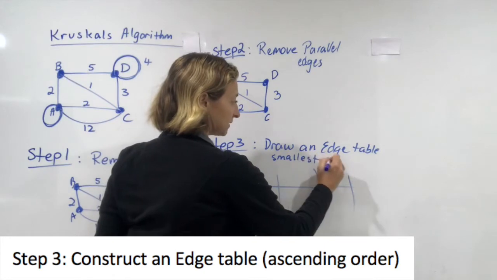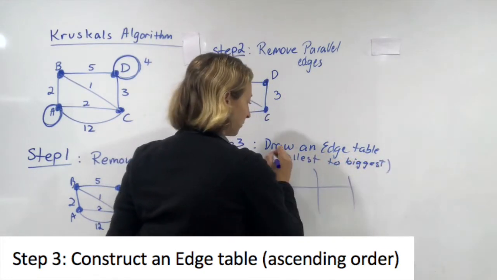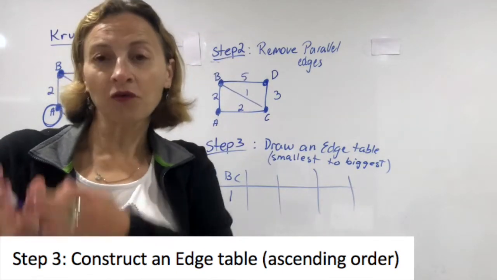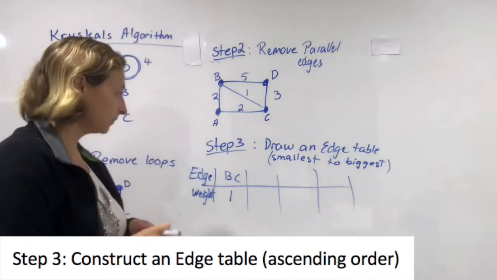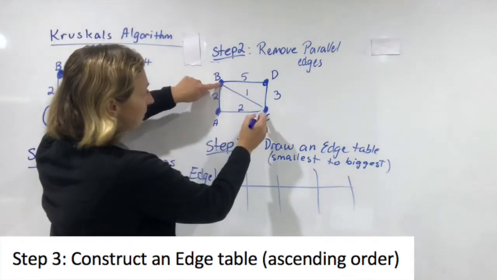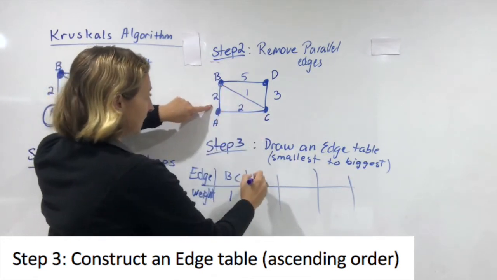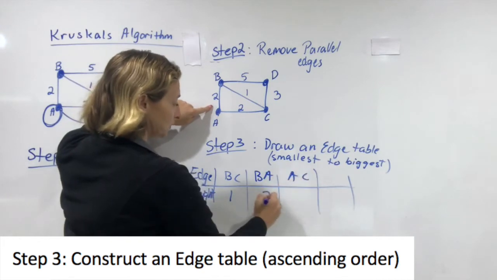Smallest to biggest. This is important when we want to be able to get our minimum spanning tree. So we want the numbers to go from smallest to biggest, otherwise we won't get the smallest one at the end. After BC, number 1, weighting of 1, I've got BA and AC. It does not matter which one you do first.